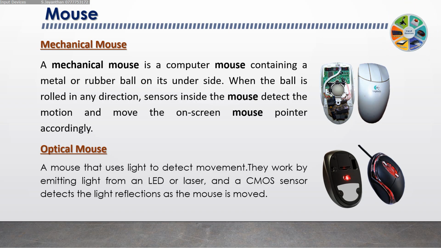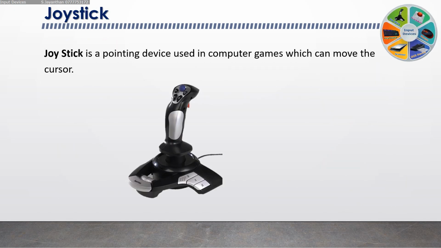Optical mouse, a mouse that uses light to detect movement. They work by emitting light from an LED or laser, and a CMOS sensor detects the light reflections as the mouse is moved. Joystick.